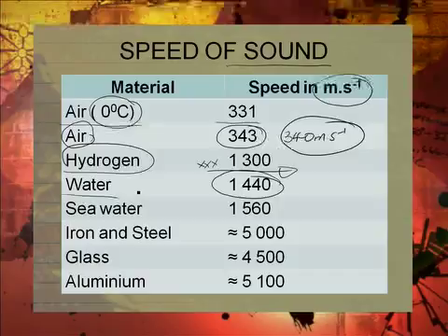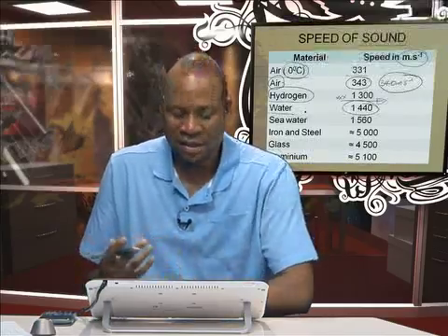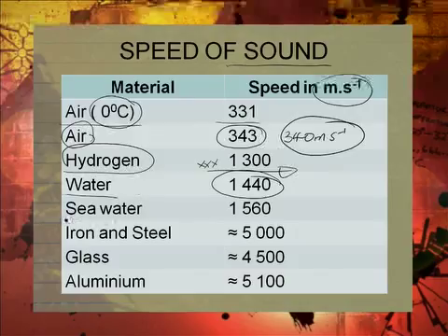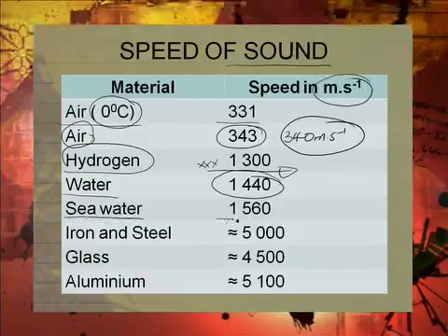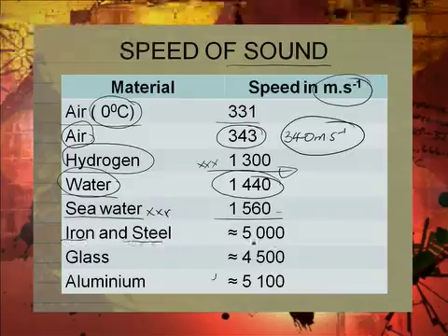Aquatic animals would hear sound much quicker. In sea water, 1,560 meters per second. If we're talking iron and steel, that's how fast it moves. Glass, that's how fast it moves. Aluminium, it moves at about 5,100 meters per second.